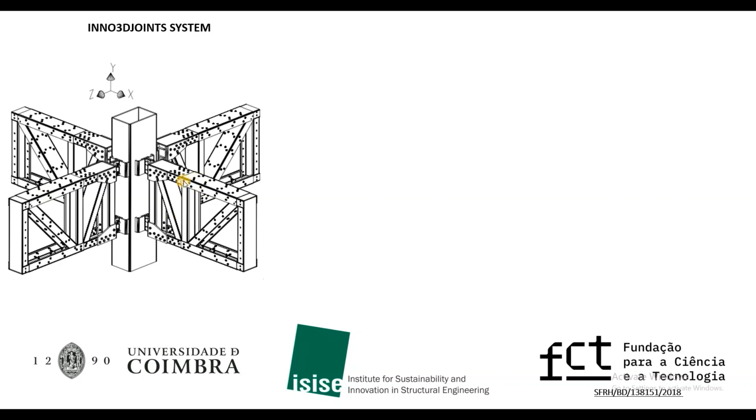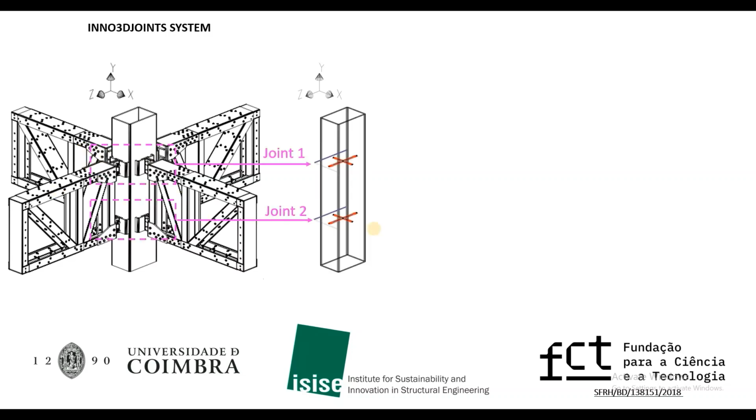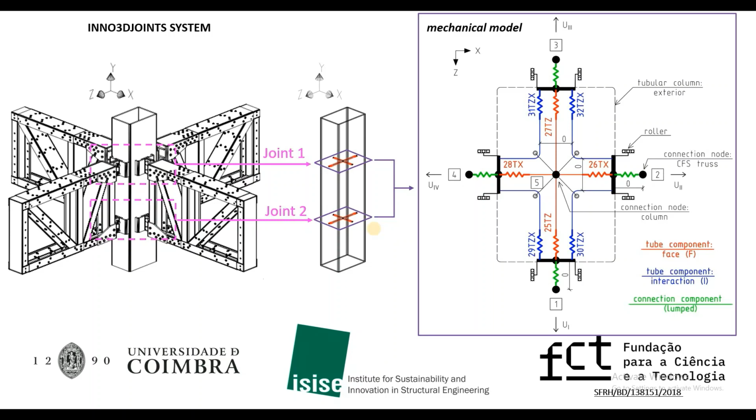Take a look at this figure illustrating a connection with 4 beams. While this beam-to-column connection may seem complex at first glance, it can be effectively represented by a simple mechanical model with 5 nodes, where nodes 1, 2, 3, and 4 represent the connection nodes for the CFS truss girder, and node 5 represents the connection node for the column.